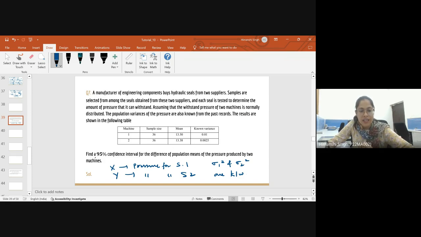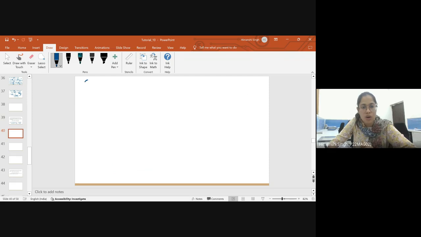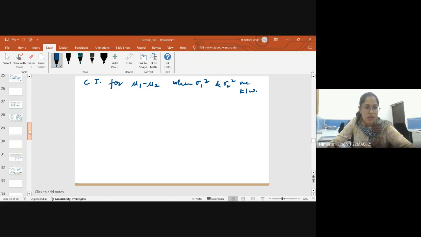Now find the 95% confidence interval for the difference of population means of the pressure produced by the machines. So we need to find the confidence interval for mu1 minus mu2 when sigma 1 square and sigma 2 square are both known. Let us see what the confidence interval is in that case.